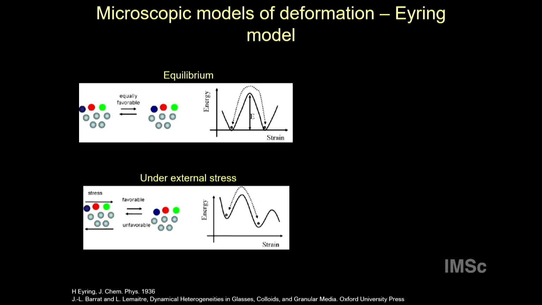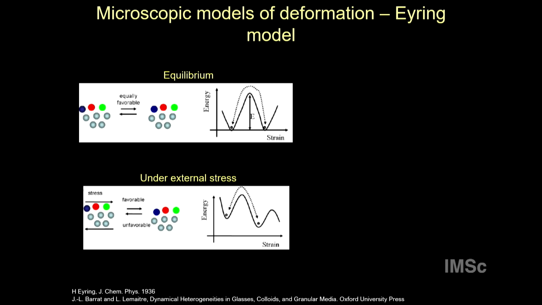So I'll start with very basic microscopic models of deformation. I'll present different models. These models have evolved over the years, and this is what you will see in the slides also. We start with the Eyring model, which was defined way back in 1936. Let's say there are two states, separated by an energy barrier of E, and under equilibrium the forward rate and the reverse rate are going to be the same.